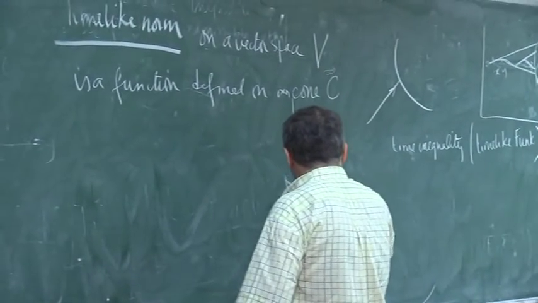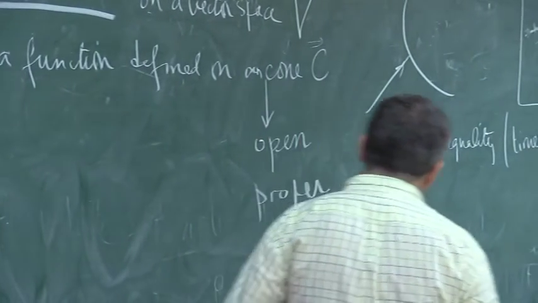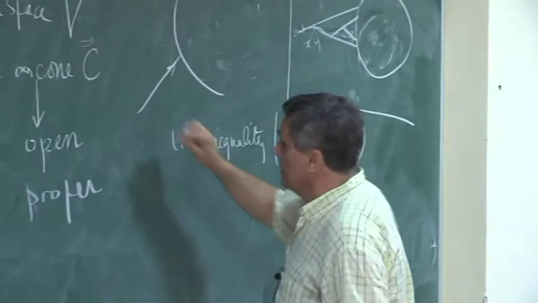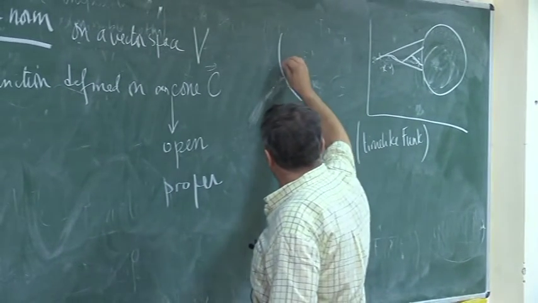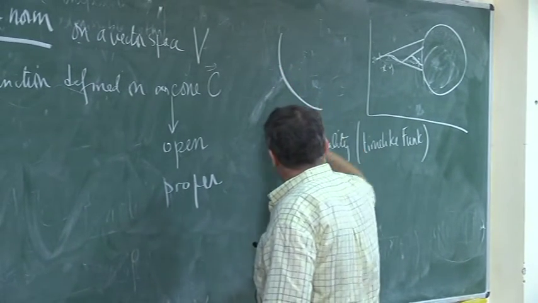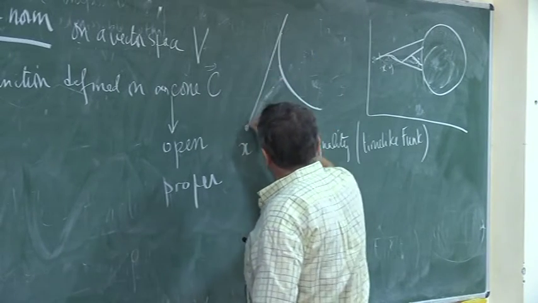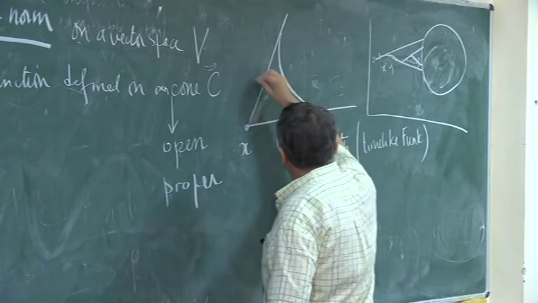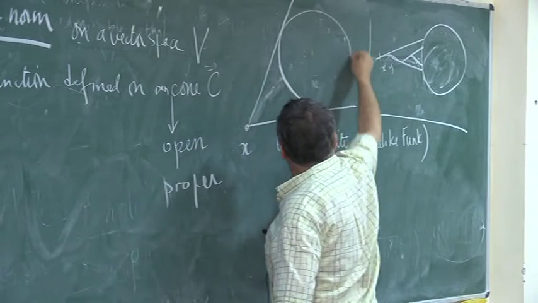I will tell you what proper means. You see, the idea is the following. This cone for the Funk metric, this cone at a point, I want it to be this visible part of my convex set.